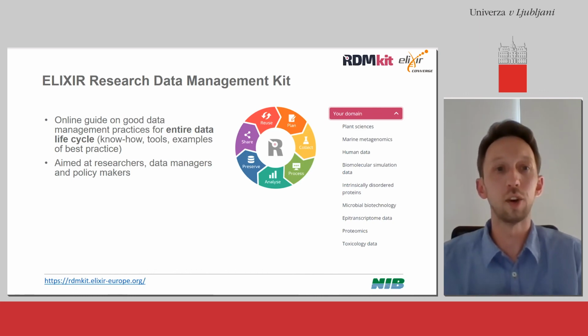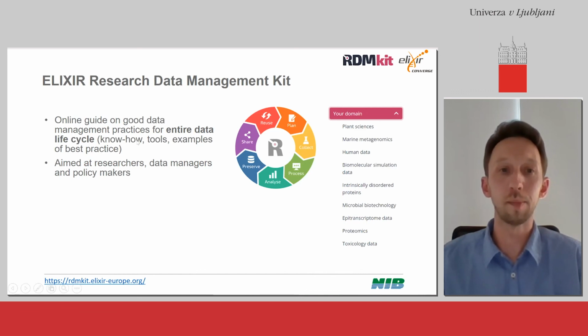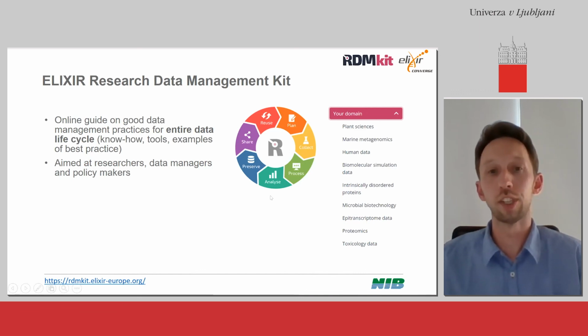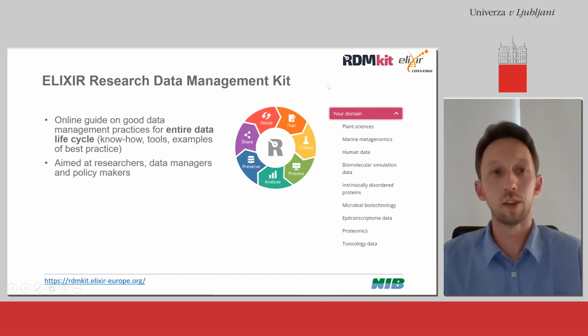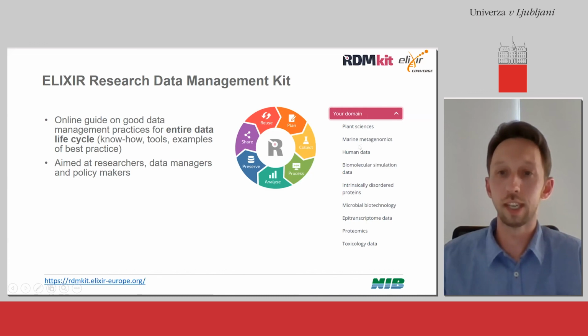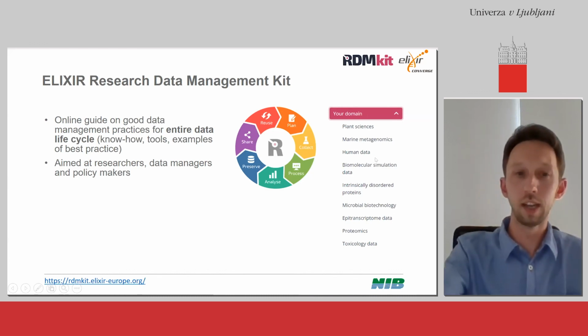So just at the end, I would like to show that there is also one interesting online guide for data management practices for the entire life cycle. It's called RDM Kit, or Research Data Management Kit, from the ELIXIR project CONVERGE, and you can see here which domains they are currently covering.